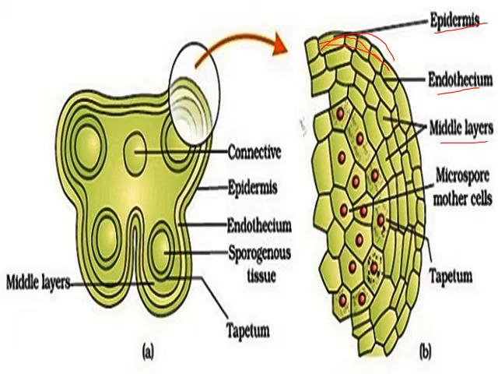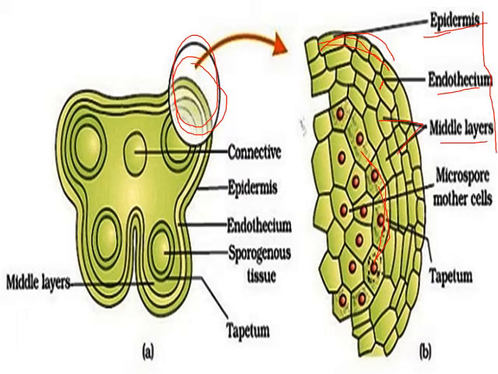It is a dithecous structure, and if you cut a section and take a part of it to look at all 4 layers, we find the epidermis, the outermost layer, then the endothecium, the second layer, and then the middle layer. All these 3 layers are protective in nature, as I told you.